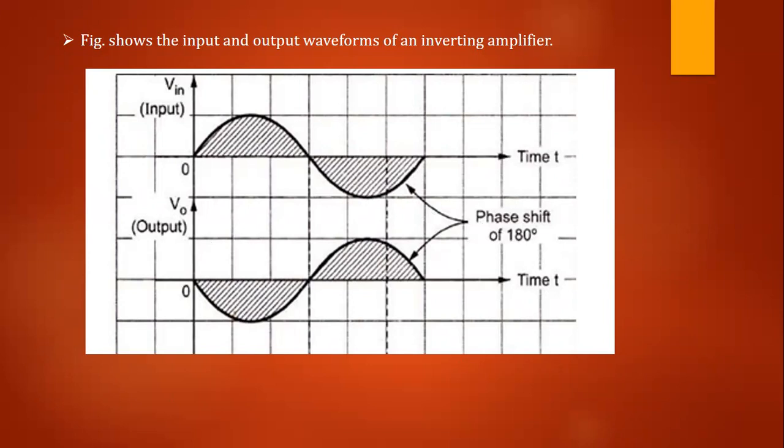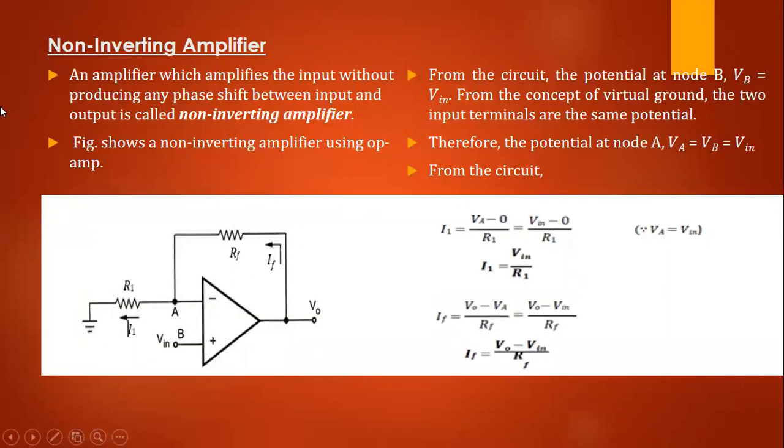So now let us discuss the non-inverting amplifier. An amplifier which amplifies the input without producing any phase shift between input and output is called a non-inverting amplifier. So this figure shows a non-inverting amplifier using an operational amplifier.